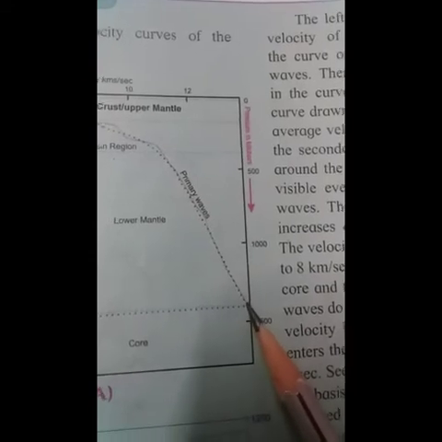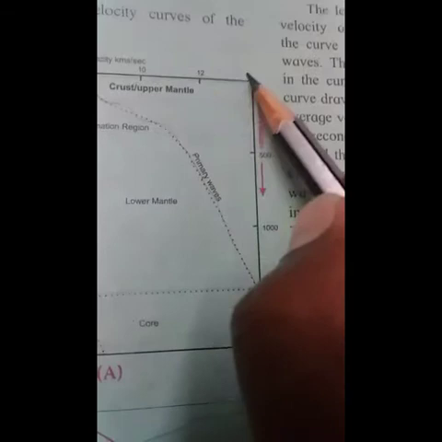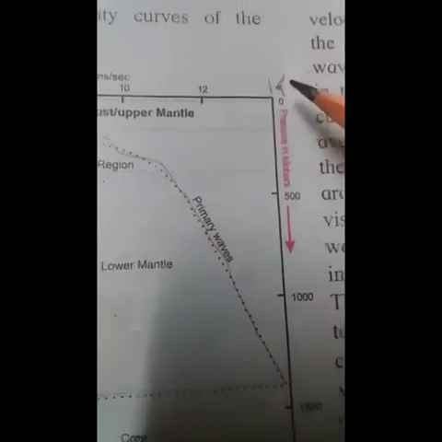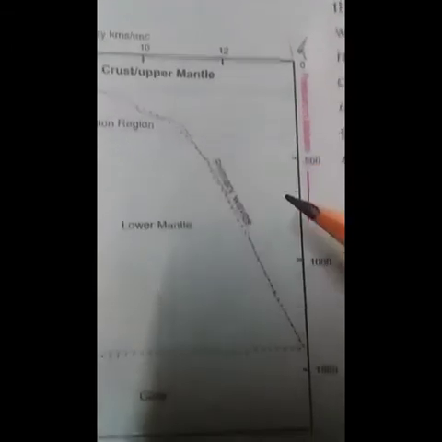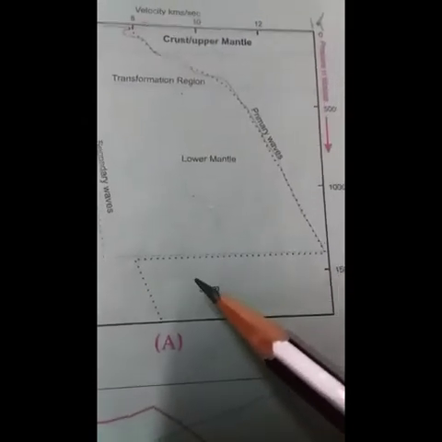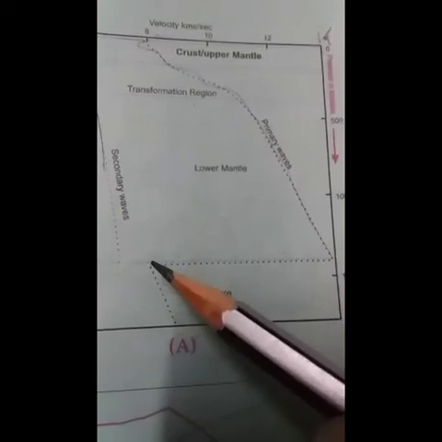Near the boundary of the core, the velocity of primary waves is 14 kilometers per second, and as these primary waves enter the core, the velocity reduces.